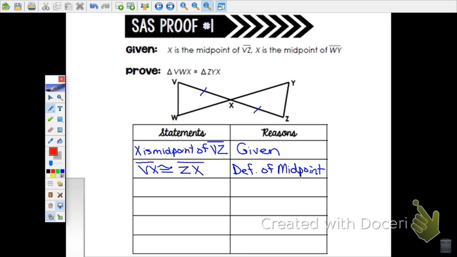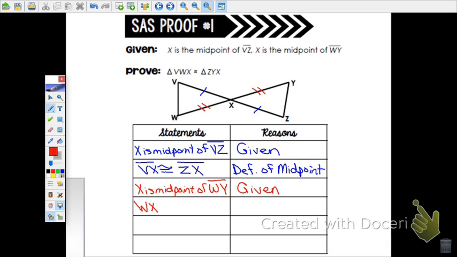Then we have our other given. X is the midpoint of WY, which is given. So similar to the previous, now we have this other segment, which is being cut into two congruent parts.